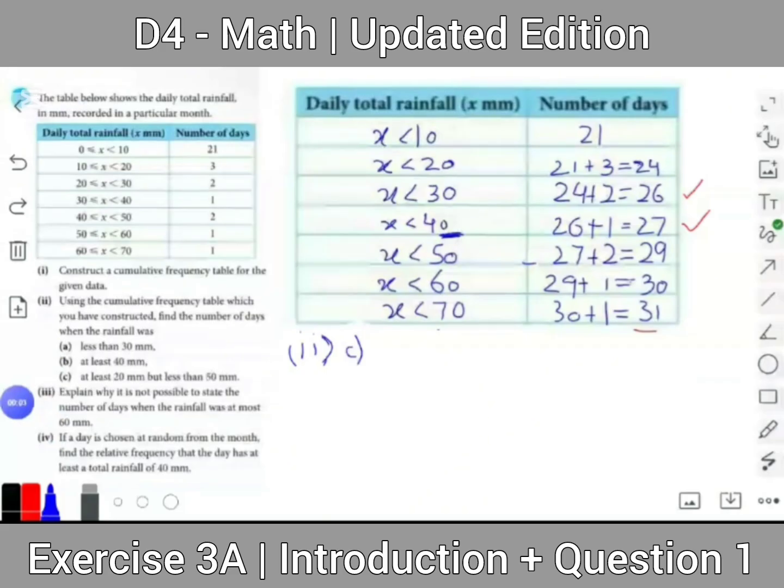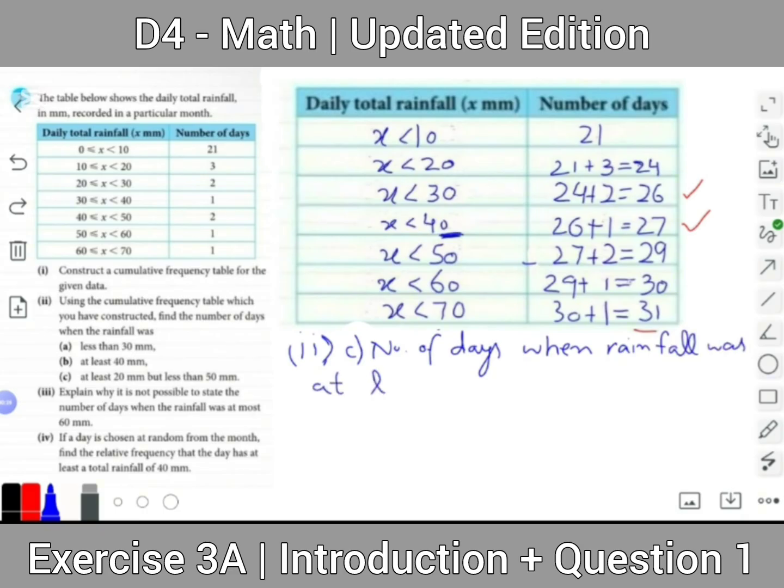Now for part 2c, find the number of days when the rainfall was at least 20 millimeter but less than 50 millimeter.